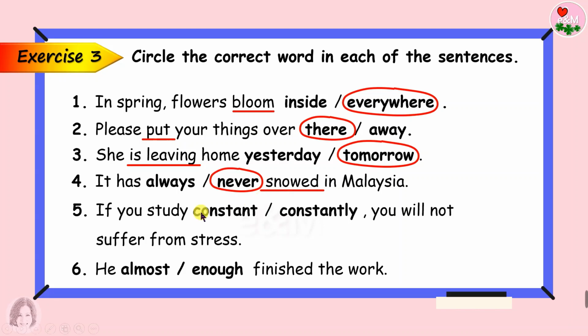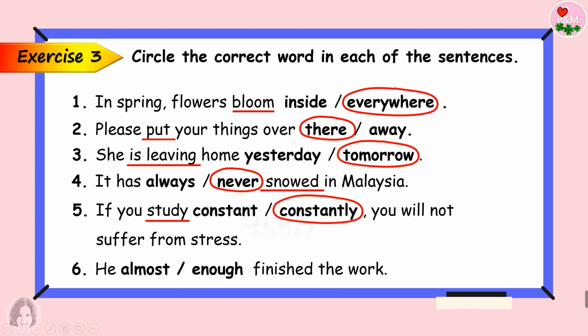Okay, number 5. If you study constant or constantly, you will not suffer from stress. Okay, answer is constantly. Again, adverb of frequency. It describes the verb study. Number 6. He almost or enough finished the work.